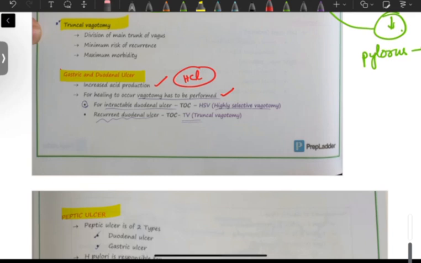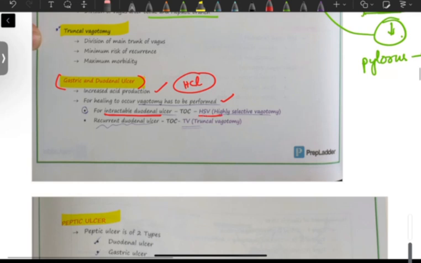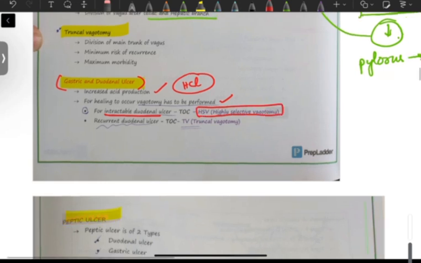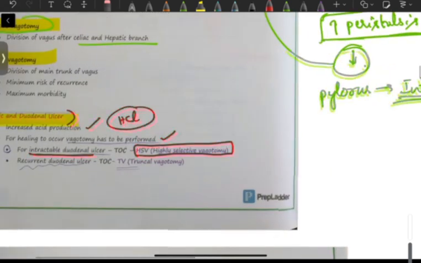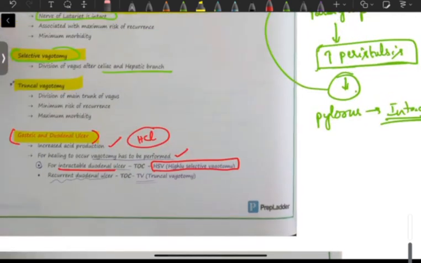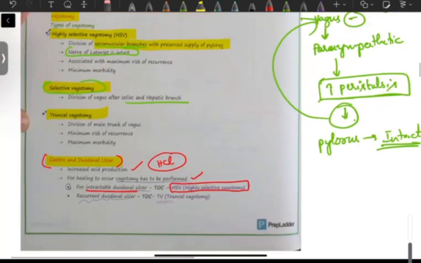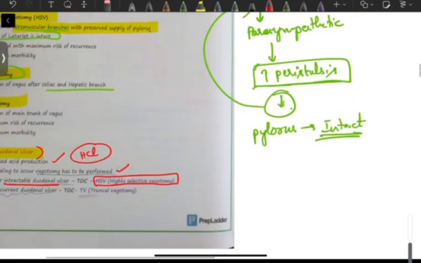So in order to treat gastric and duodenal ulcer, vagotomy is a procedure. If there is an intractable duodenal ulcer, meaning even after treating with proton pump inhibitors or antacids the ulcer is not healing, then that ulcer is called an intractable duodenal ulcer. For that, we'll have to go for highly selective vagotomy. Just like we have discussed, along with decreasing peristalsis, it will decrease HCl production.